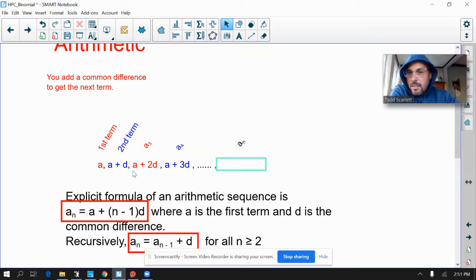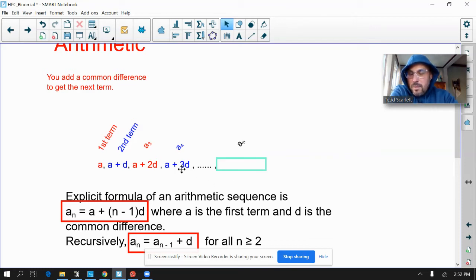And you notice the D's that you're adding, they're always one behind the term you're on. So here, this is the third term, but you're only adding two D's. This is the fourth term, and you're adding three D's. So following that, what about the nth term? The nth term is the generic term. It could be the 11th term or the 81st term or the 700th term. It's just, what is it in general?